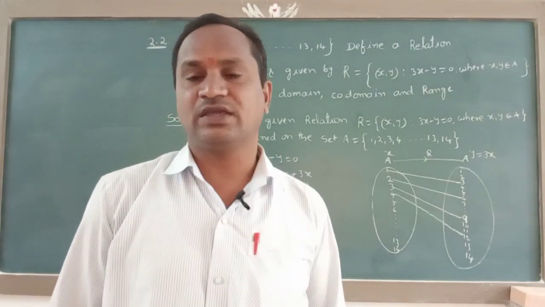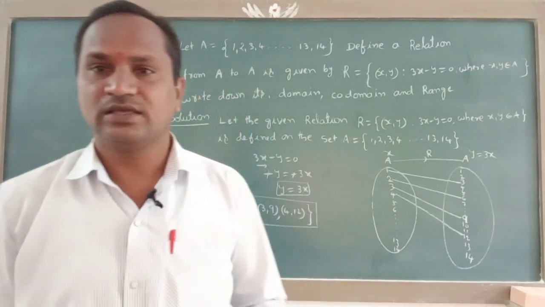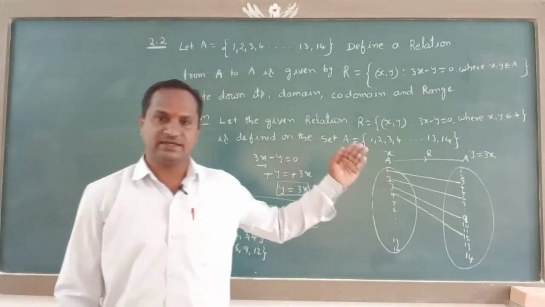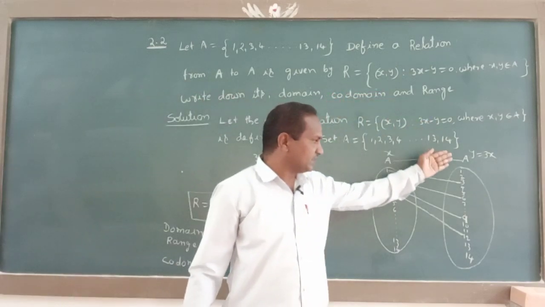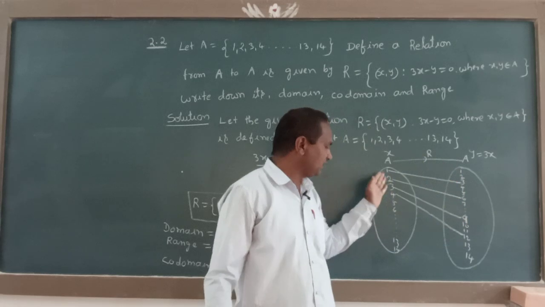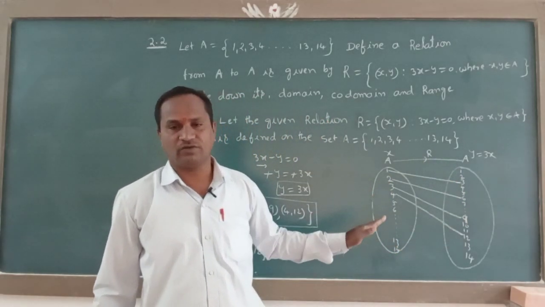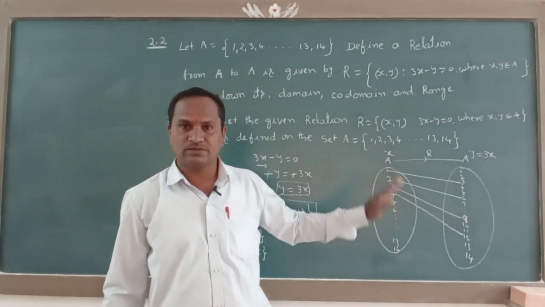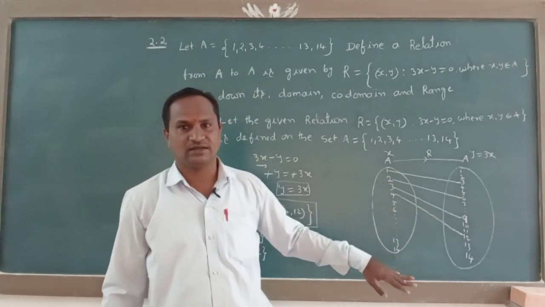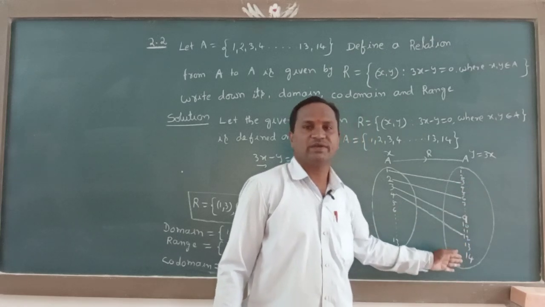Here, the whole set B means what are the elements of set A? A also becomes the second set. Here the first set, because here the relation is defined on set A only. That's why A becomes the first set and A becomes the second set. That's why the whole set A becomes the codomain here.